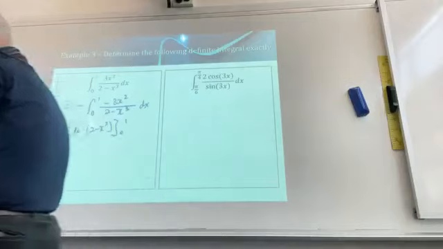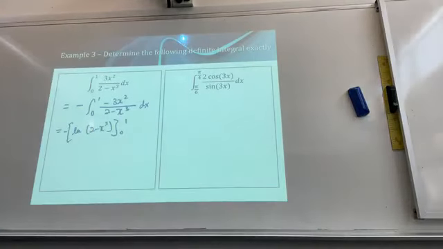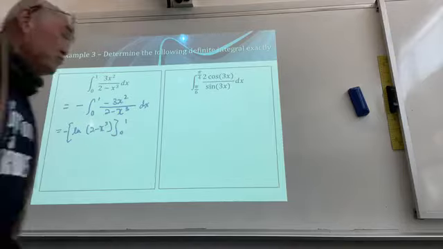write it out this way. Make sure that you get the convention right. So the first one is 2 minus log of 1 and minus log of 2.